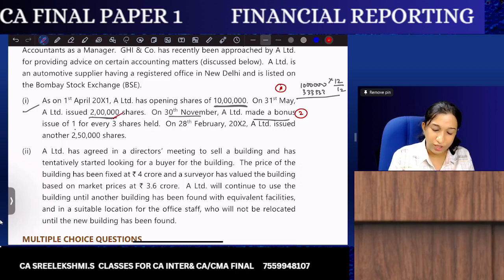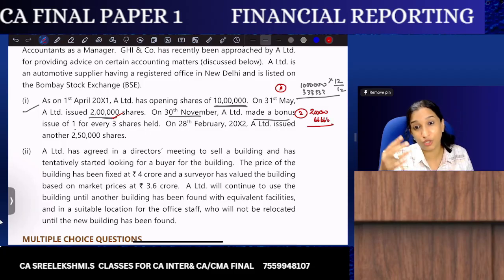Then 2 lakh shares are issued on 31st May. So April, May, 2 months, I need to take 10 by 12. But 2 lakhs plus 2 lakhs divided by 3, which is 66,666. The 2 lakh shares were not issued at the beginning, so I cannot assume the bonus shares from the beginning of the previous year.